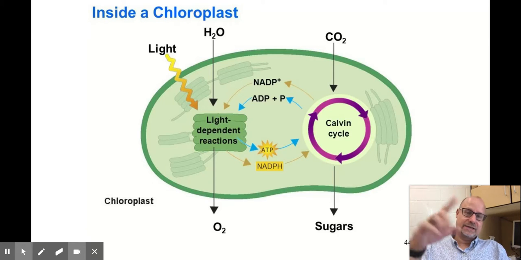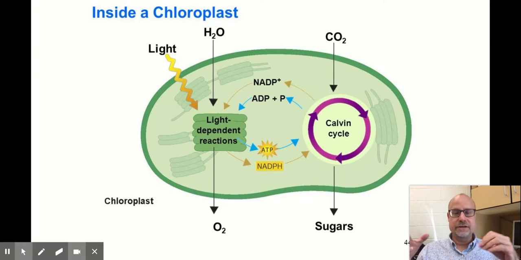It creates ATP, which is adenosine triphosphate. What ATP does is that is the currency of energy in the cell. So anything that goes on in your cell is done through spending ATP and having it turn back into ADP. It's how work gets done.